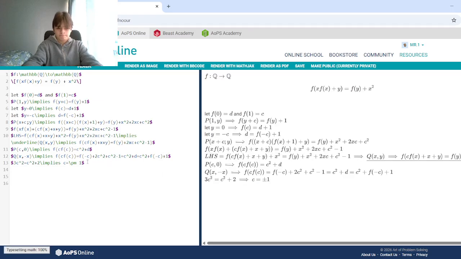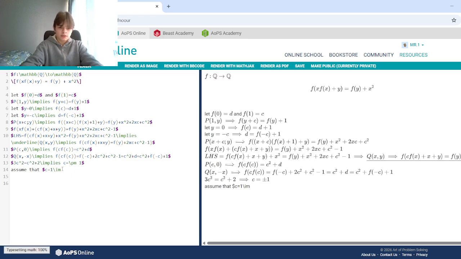So let's assume that c is 1, just for now.